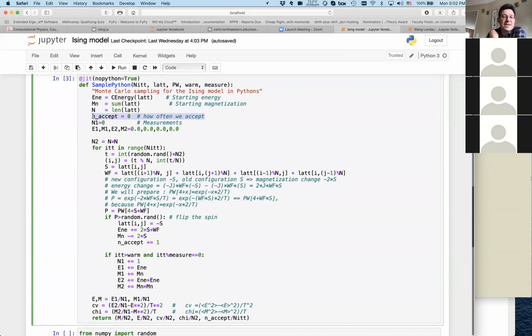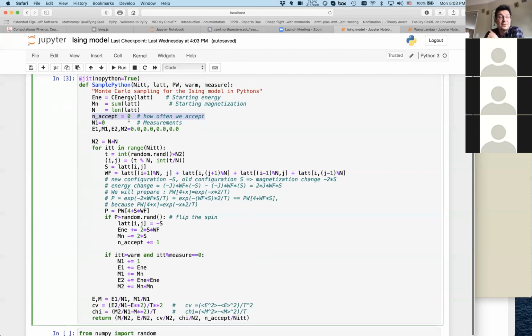So you can add this n accept equal to 0 here, and this will actually count accepted steps. Now, why did I do that? Because I argued last time that it's not necessary to measure every step, but we can measure only from time to time. A good rule of thumb is to measure as often as we typically make a change.